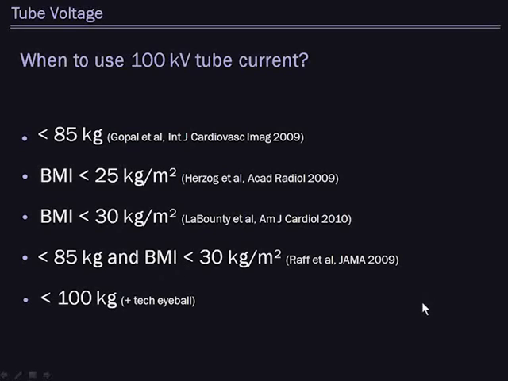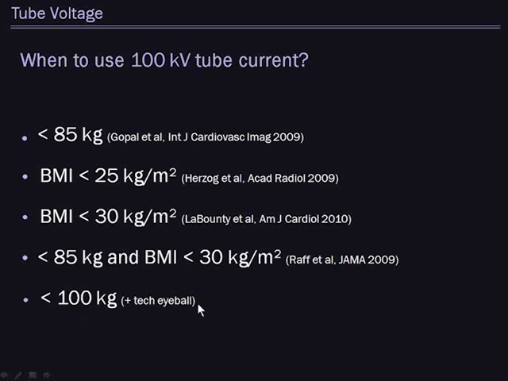What we do at our institution, we try to keep it very simple. We use a body weight threshold, and our body weight threshold for 100 kV tube voltage is 100 kilograms. So for patients weighing less than 100 kilograms, unless they are very, very short, we do not calculate the BMI.